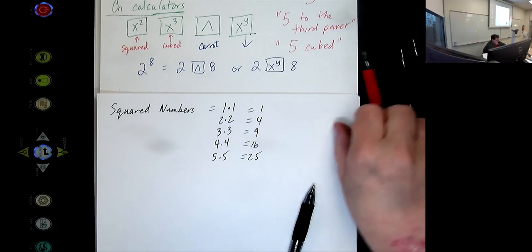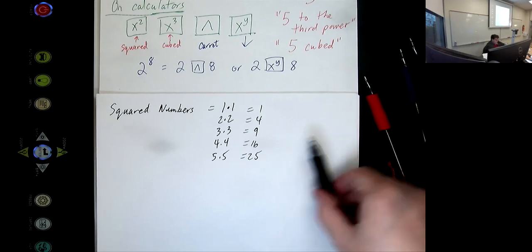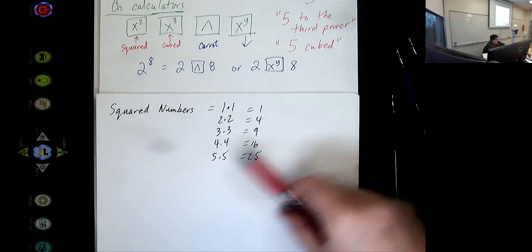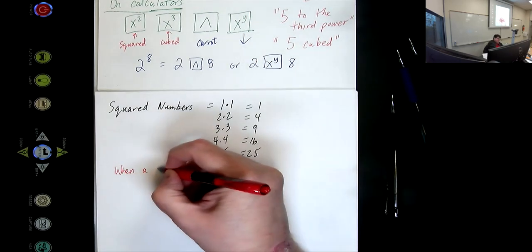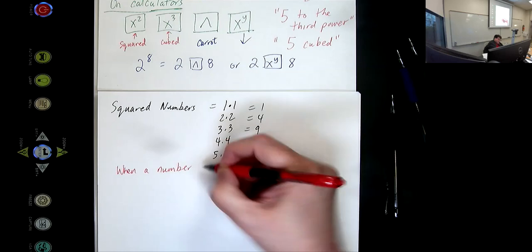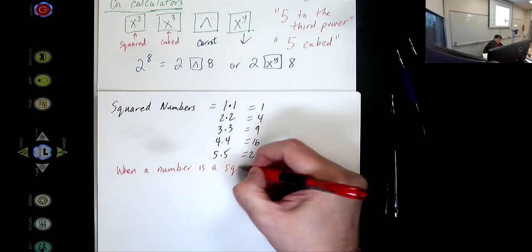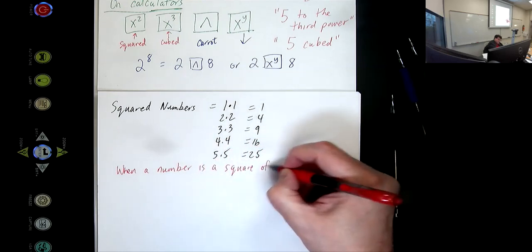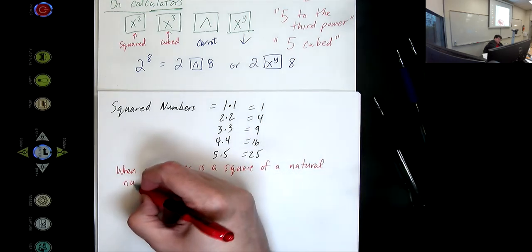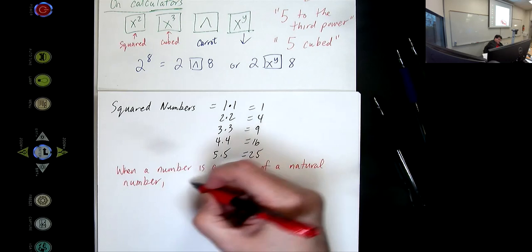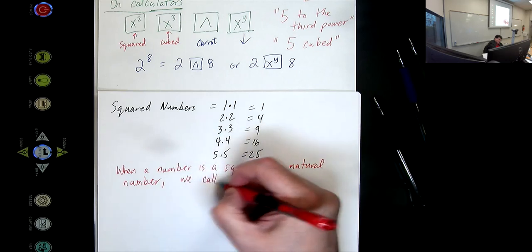When the number is a square of another natural number, we call it a perfect square.